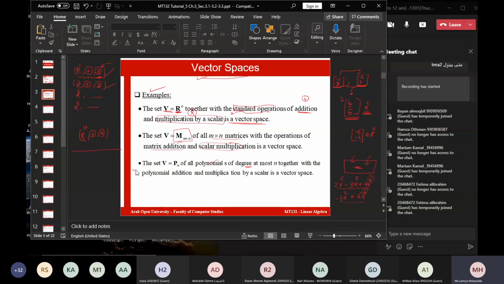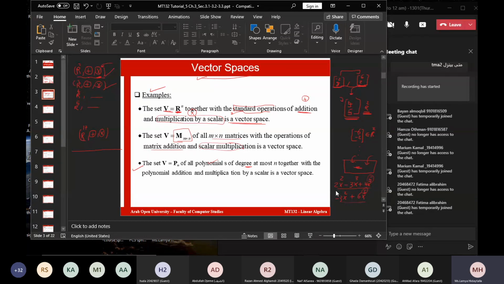All the rules, you're going to find 10, sorry. Then the standard way of addition of polynomials, as well as scalar multiplication: if you multiply this by a number like 2, I'm going to get 4x squared minus 3 times 4 is 12, minus 12x cubed plus 4 times 4 is 16, 16x.